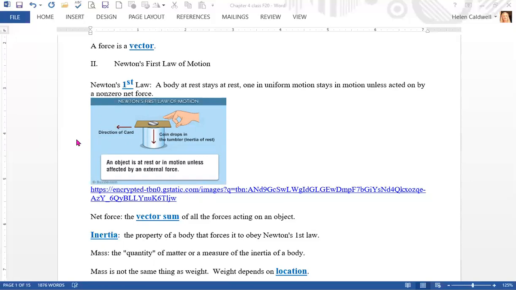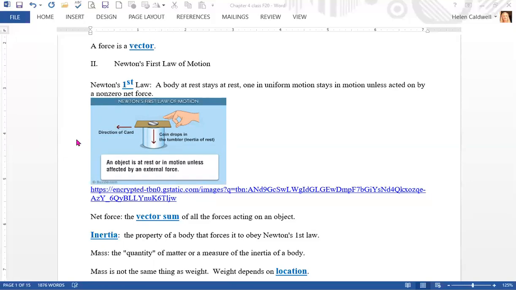If you use your finger, like in the diagram, to flick at the card, the index card doesn't weigh very much compared to the coin, and so the index card is going to fly out, but the coin usually will fall straight down because it's so heavy.